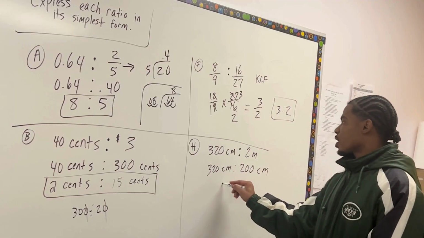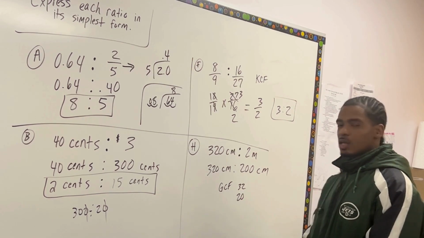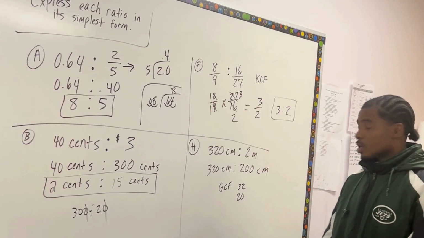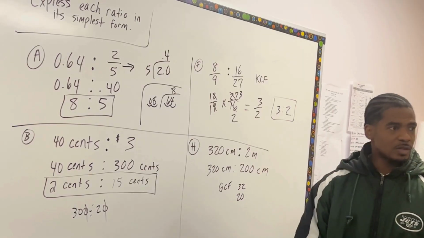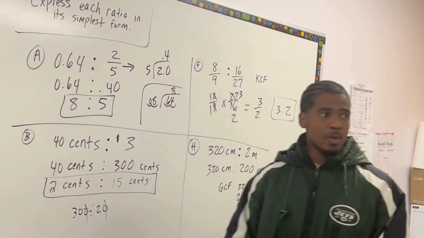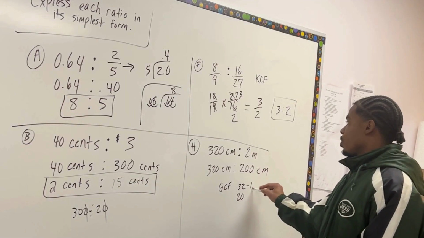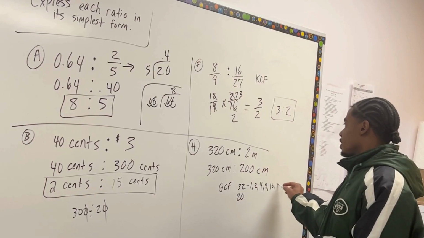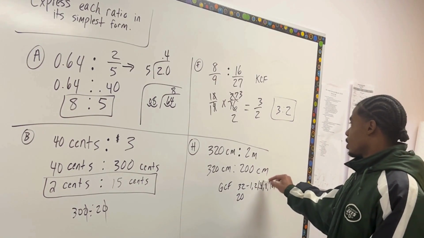What's our greatest common factor of 32 and 20? 6, 12, 18, 24. Those are multiples, not factors. For 32, I have 1, 2, 4, 8, 16, 32. The biggest number that can go into both of those is 4.